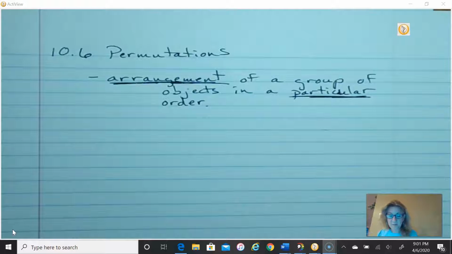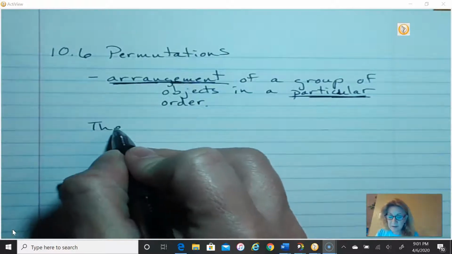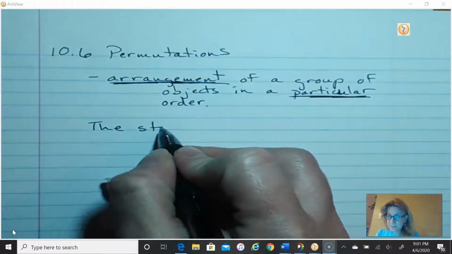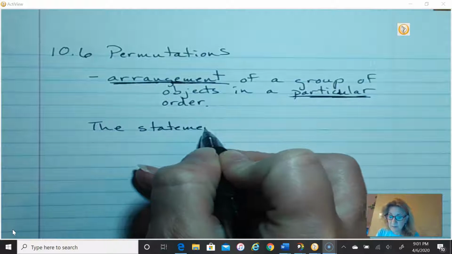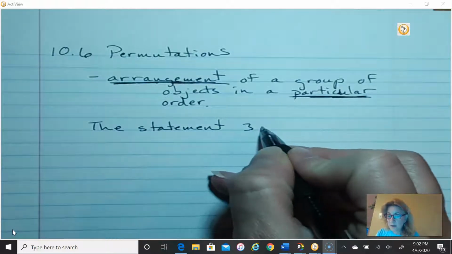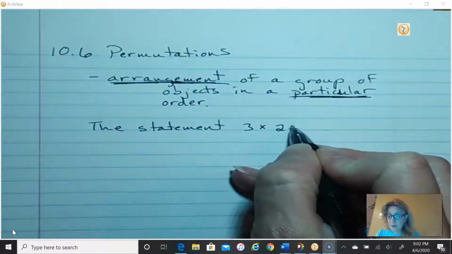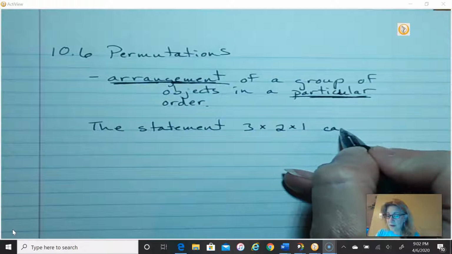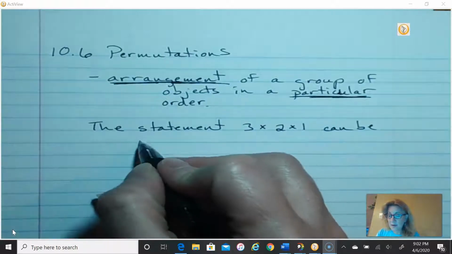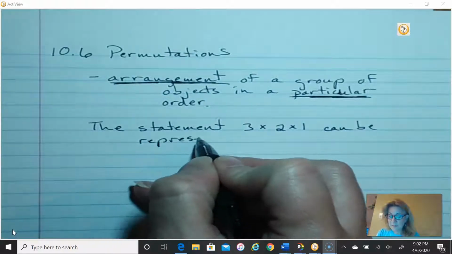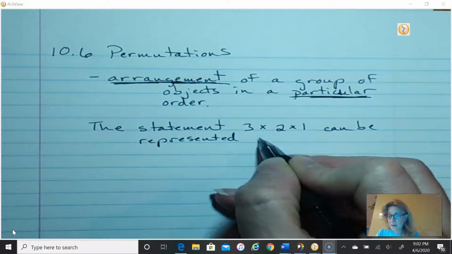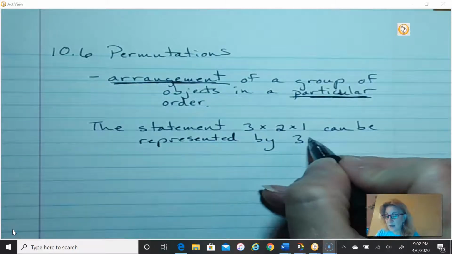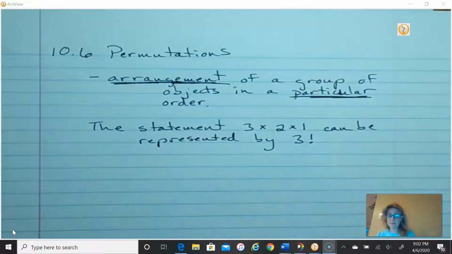Okay, so the statement 3 times 2 times 1 can be represented by 3 factorial.